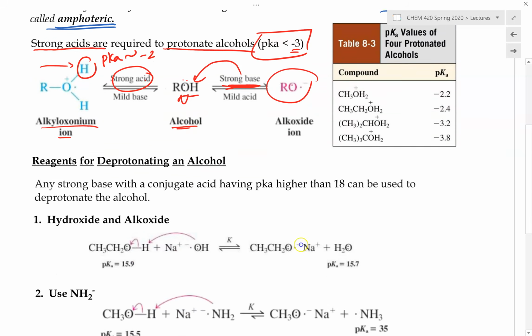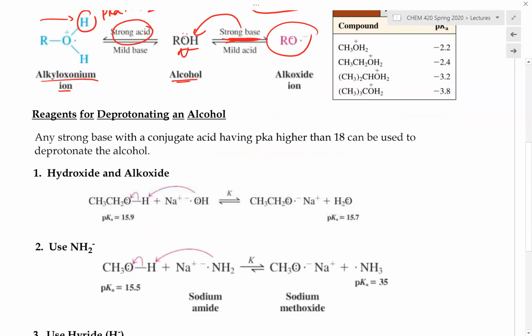What kind of chemical reagent can we use to deprotonate an alcohol? The answer: any reagent whose corresponding acid has a pKa of at least 16 or 18.